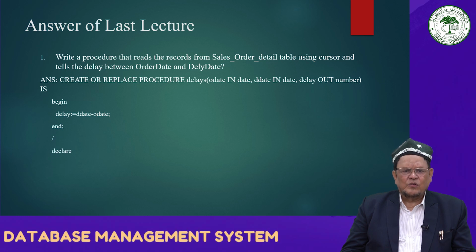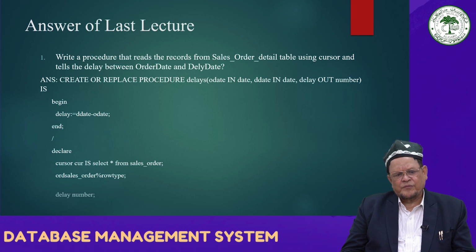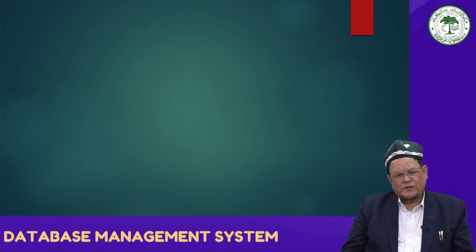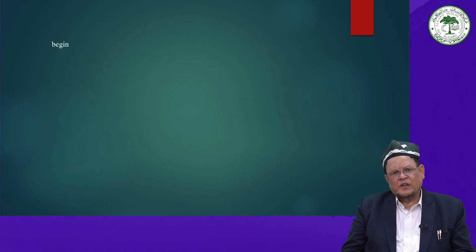And then you have to declare cursor cur is select star from sales order, percent row type, delay number. Then you have to write begin.